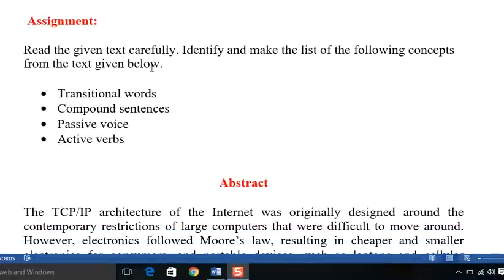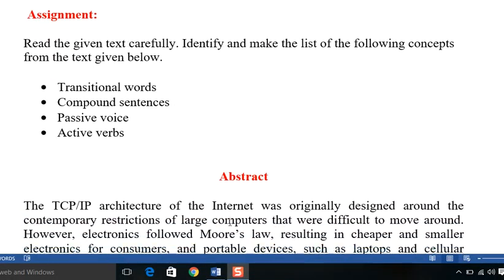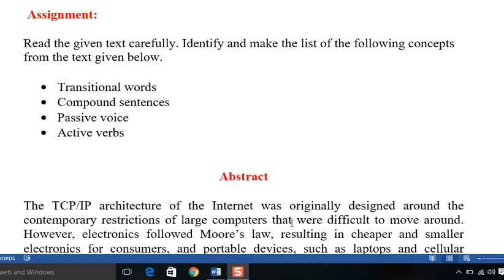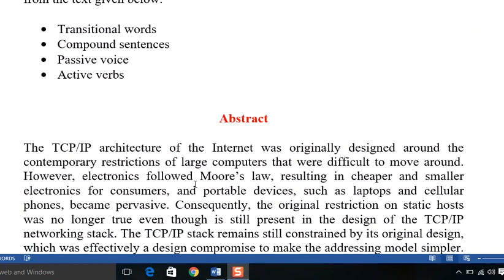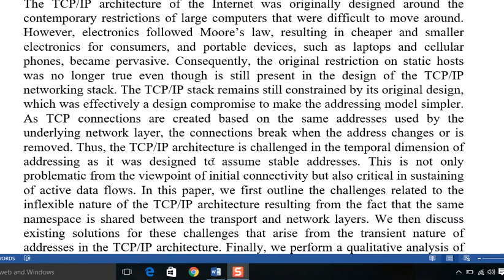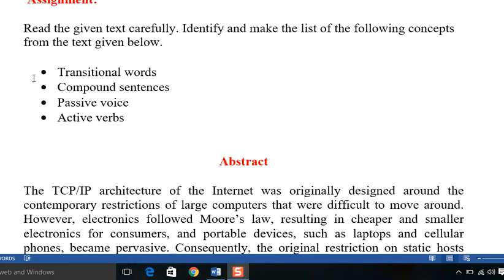You will read the text carefully and search out transitional words. For example, I search for any transitional words, meaning conjunctions. Here it is, consequently, connectors or transitionals, and that is also a transitional. Fine. So you have to search out these words.